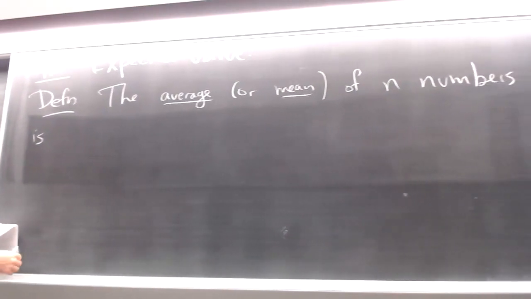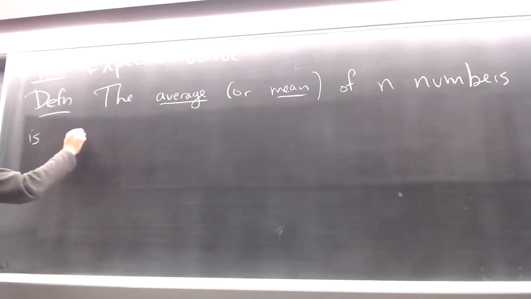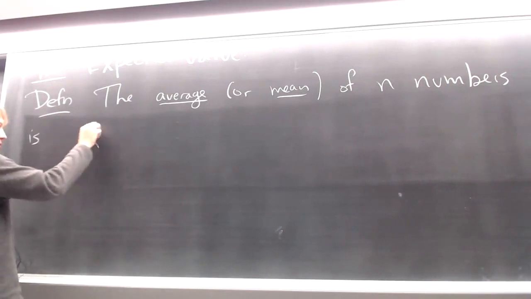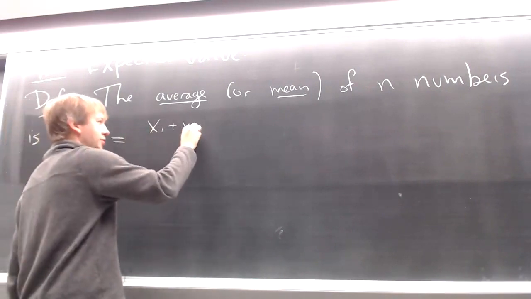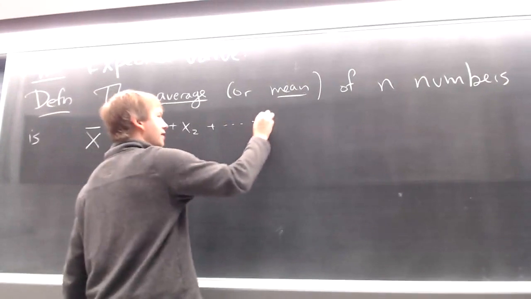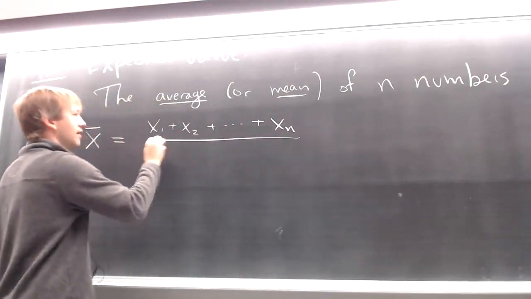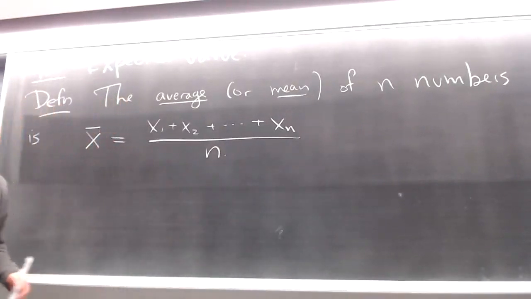So the notation I'll use is x with a bar on the top, and it's just x1 plus x2 plus dot dot dot up to xn divided by n, right?